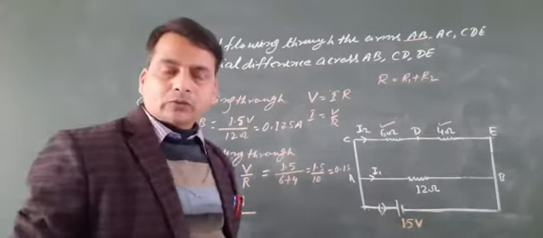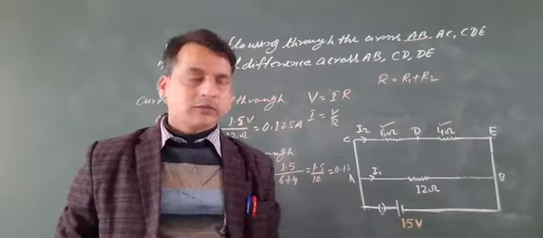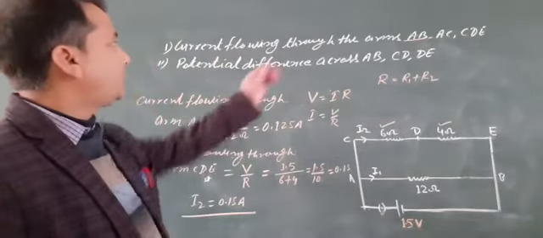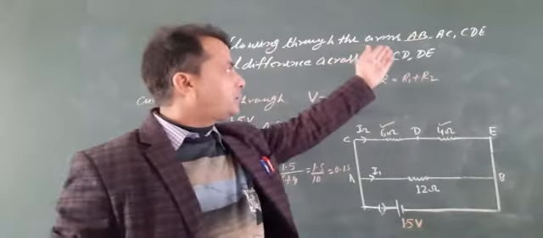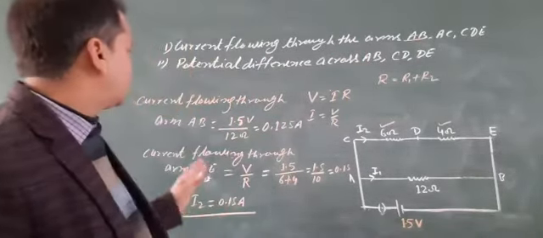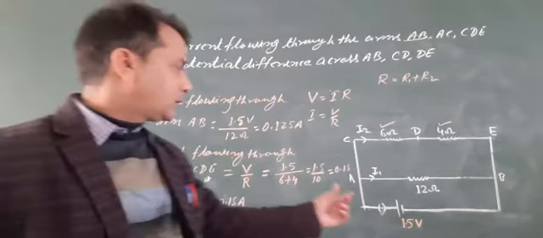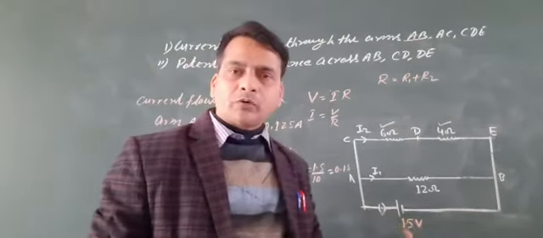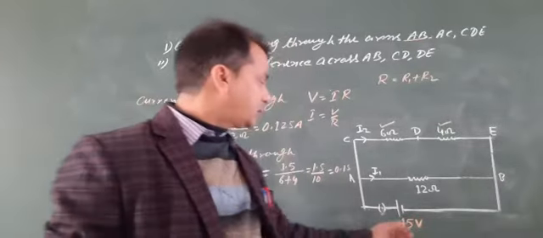So for the first question, the current flowing through the arms AB, AC and CDE: the potential difference or voltage is given as 1.5 volt.